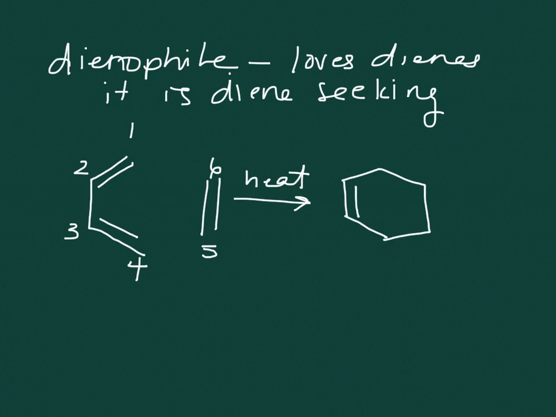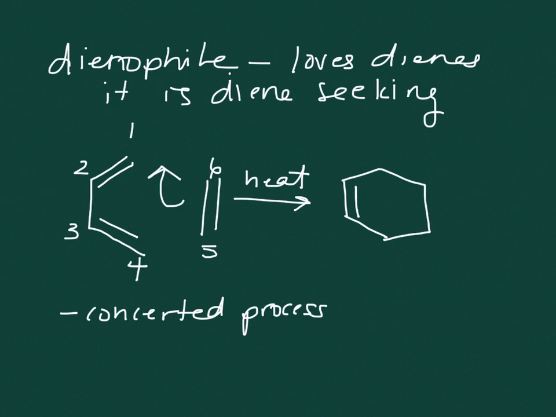Now in this reaction it is a concerted process where the electrons from the dienophile, we're going to break the C6 C5 pi bond.